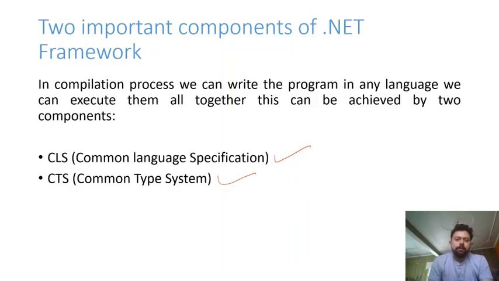CLS is Common Language Specification and CTS is Common Type System. With these two components, we are able to process any language, and the program written in any language can be executed all together in MSIL, right?